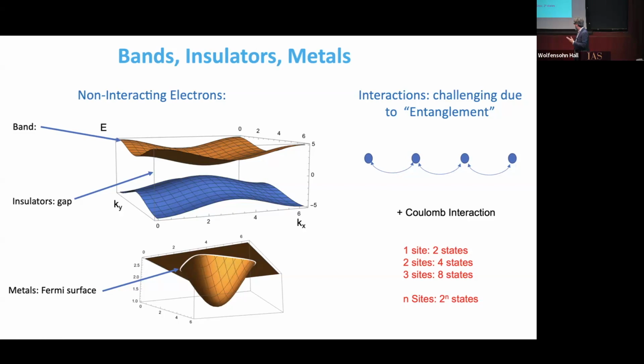So then you basically need smart ways of dealing with the interacting problem in order to solve it. In one dimension we have integrable systems. That's a smart way of dealing with interacting problems because you have a large set of conserved quantities. In two dimensions, less so, but in some cases you can still build on knowledge that was found by 50 or 60 years of condensed matter to get to the answer.